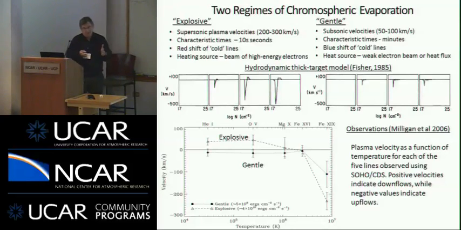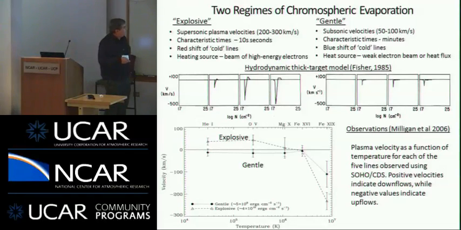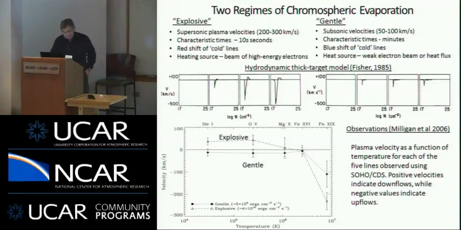Essentially this separation, supersonic or subsonic, separates the two regimes, explosive and gentle, and George Fisher did calculations of both of them in 85. And then, as Lindsay mentioned yesterday, SMM observed evaporation, and then there were detailed studies with SOHO CDS by Ryan Milligan, who actually observed both of the two regimes.